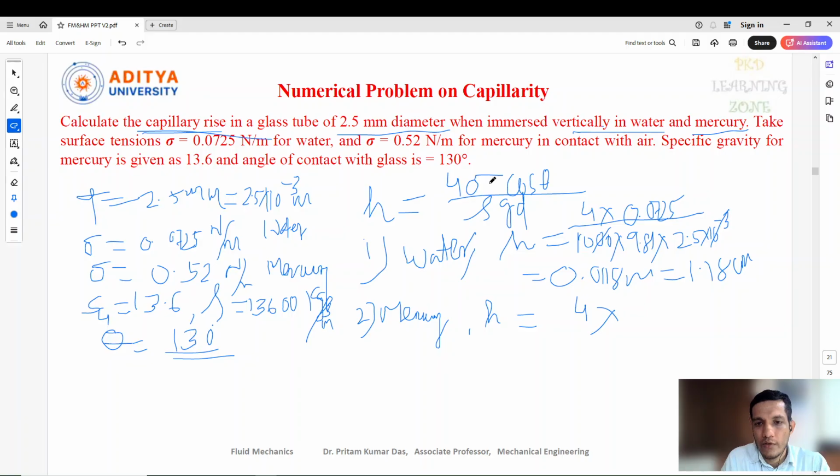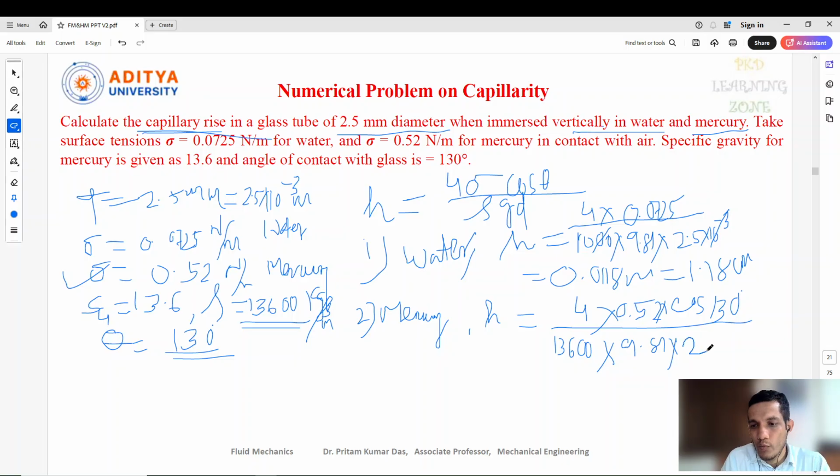So you can write 4 into the sigma value, which is different, this is the sigma value for mercury, so 4 into 0.52 into cos 130 degree, divided by rho, which I have already calculated, 13,600 into g 9.81, again similarly 2.5 into 10 to the power minus 3.